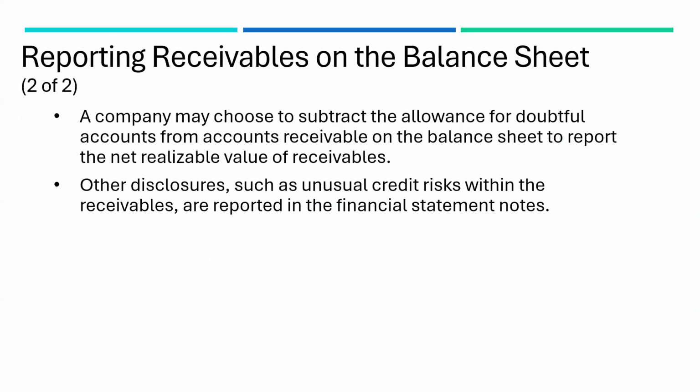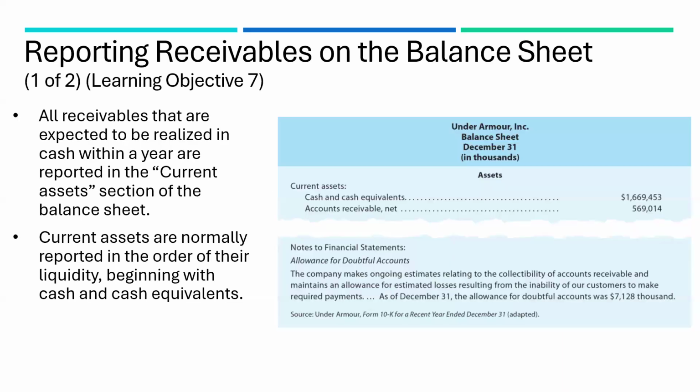A company may choose to subtract the allowance for doubtful accounts from accounts receivable to report only the net amount. For example, on Under Armour's balance sheet here, it just says accounts receivable, net. They're not reporting it separately.